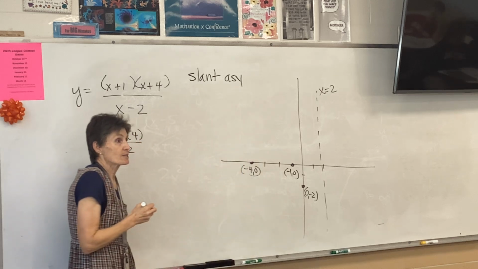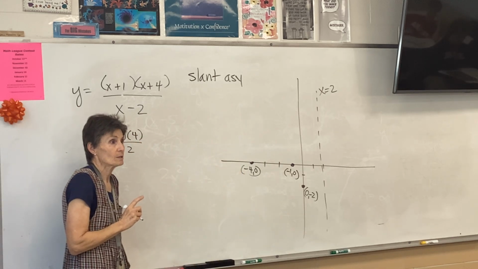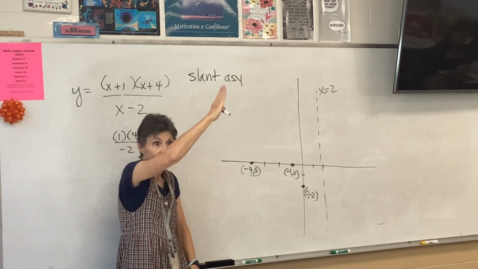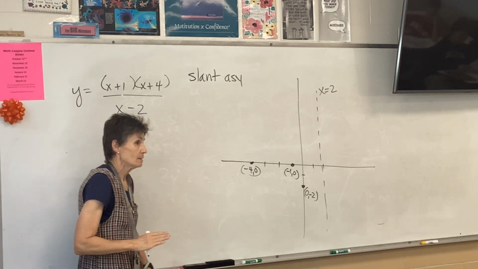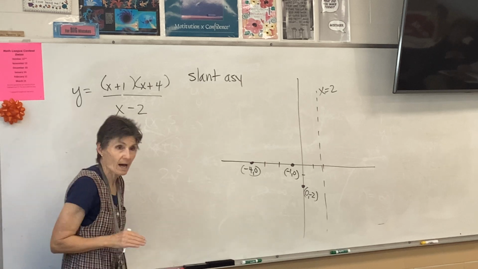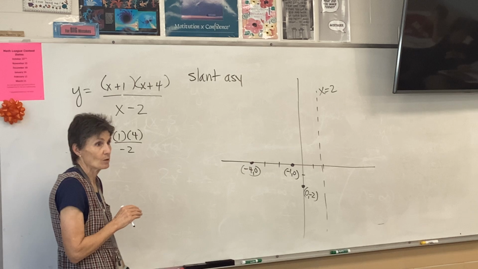Instead of being horizontal, it's going to be at a slant. It is very easy, you already know how to find the slant asymptote.